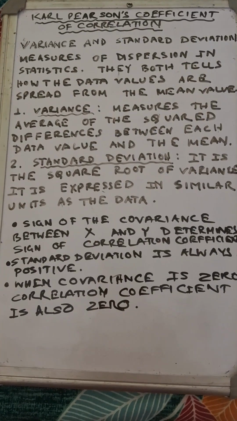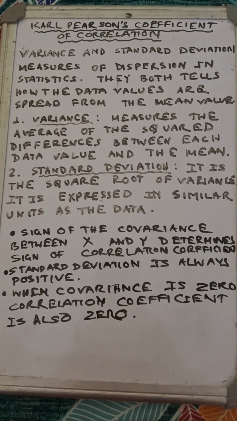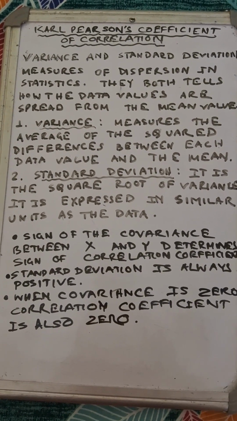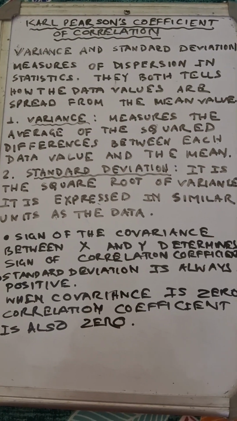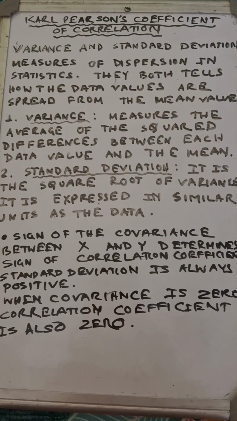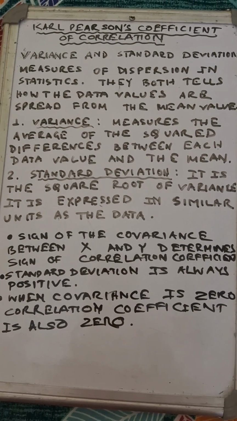Now we will understand about the variance. Variance and standard deviation are measures of dispersion in statistics. They both tell us how the data values are spread from the mean value.